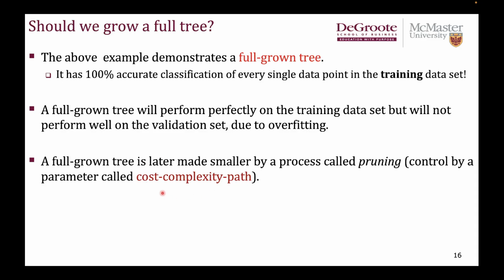So there's a parameter we're going to deal with called cost complexity path, which is something that controls how you would go back to prune the tree to make it simpler. So as we'll see later, there's some parameter called CCP that we can control to somehow influence the complexity of the tree. Okay?